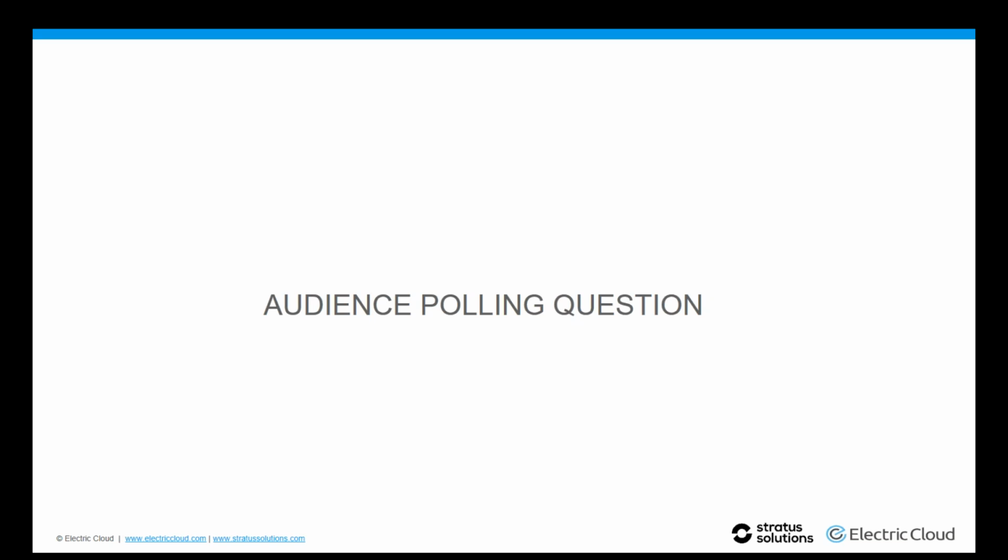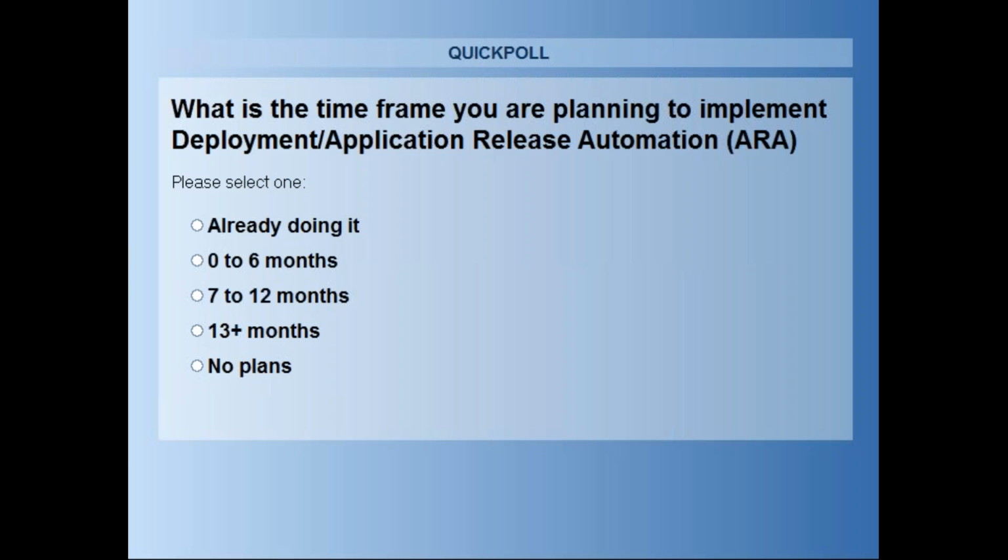But Sam, we're going to hit our next polling question here. Great. Okay, let's get it. What is the time frame you are planning to implement deployment or application release automation, or as we call it, ARA? And again, same answers as DevOps in general.